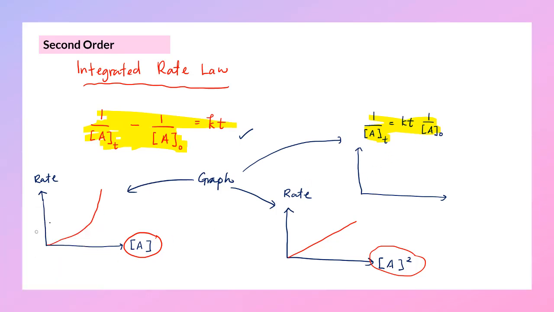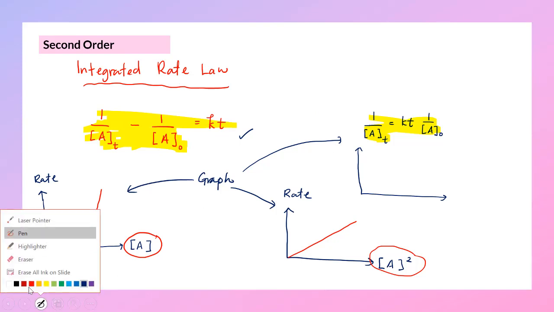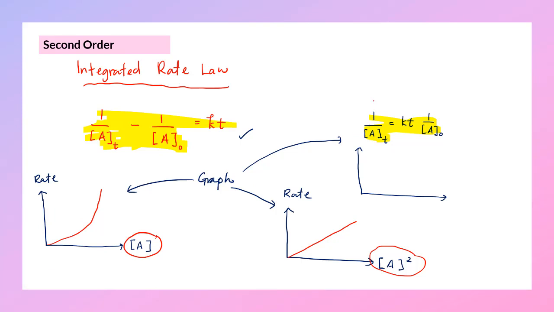If the integrated rate law is rearranged to become like this, we can sketch a graph. If we relate it to the linear equation y equals mx plus c, here we have 1 over A against time.